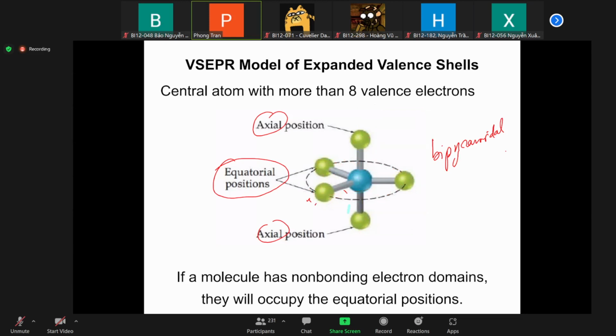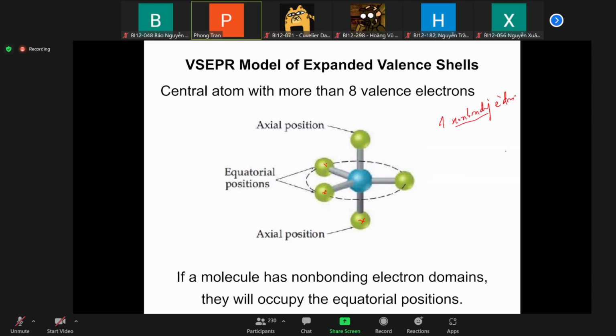Let's take the case. Imagine that you have one compound with one non-bonding electron domain. So you have one atom, 2 atoms, 3 atoms already, right? And then you have one non-bonding electron domain and another atom.